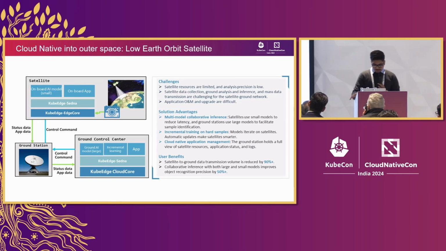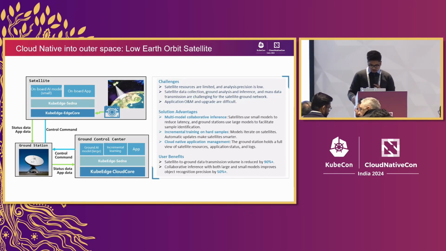In this case, what we did was, KubeEdge Sedna and KubeEdge were reconstructed into this satellite, so that we could firstly deploy this AI model to the satellite, and this AI model would perform real-time filtering.